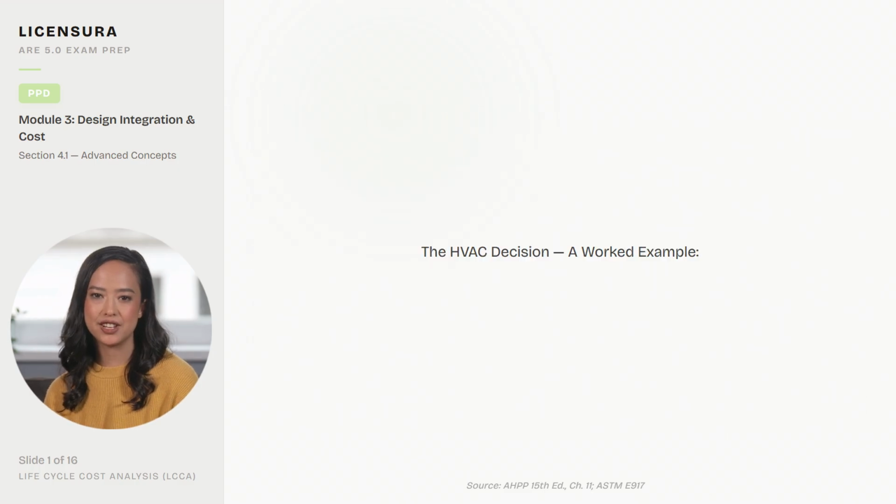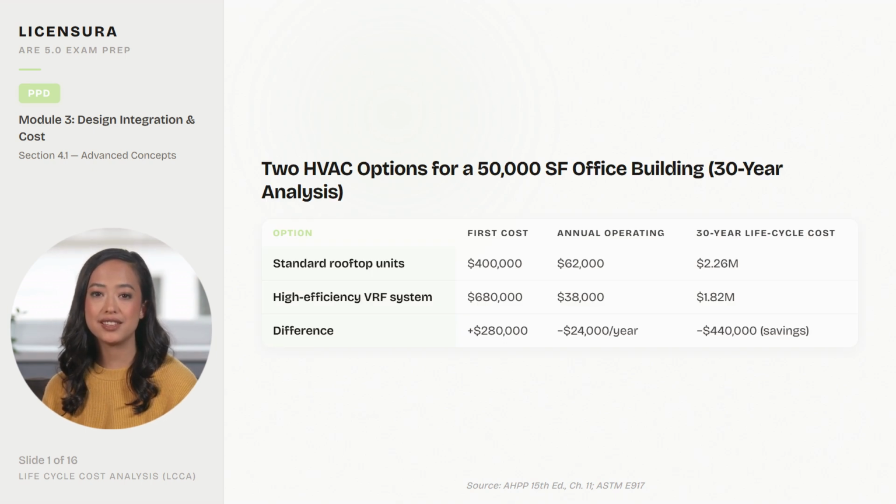The HVAC decision, a worked example. This list describes the 6-step budget reconciliation process when cost estimates exceed the owner's budget. First, verify the estimate by checking quantities, unit costs, and assumptions. Second, identify the gap. How much over budget and in which systems?